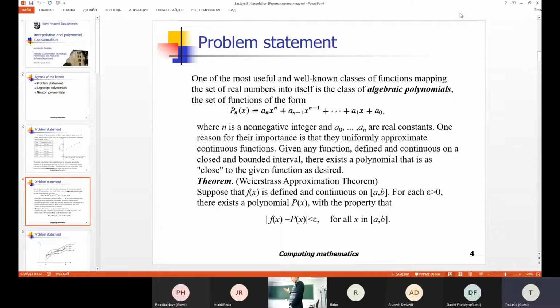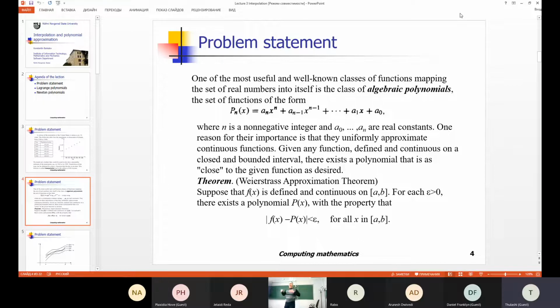How to write a polynomial of degree 2, using this general form? This is a polynomial of degree 1. A polynomial of degree 2: add another term, A2 x squared plus A1 x plus A0.